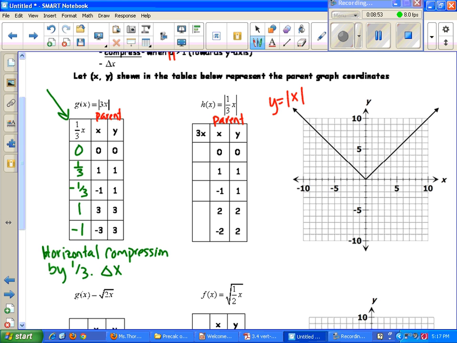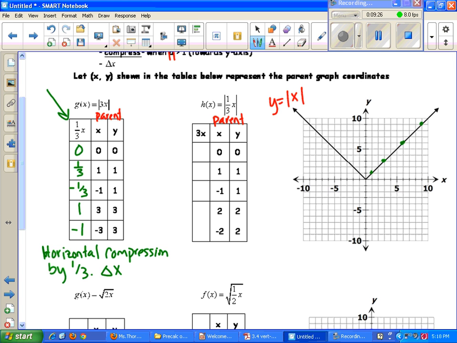So let's go ahead and look at this on our graph. So basically what we're doing is we're changing our x values by 1/3. So if I look at my parent graph, I'm going to pick out some x values here. I'm looking for x values that are easily divisible by 3, and even though 1's not easily divisible by 3, we did that in our table, which is why I picked that. So 9 would be good, and 6 would also be a good point to use.